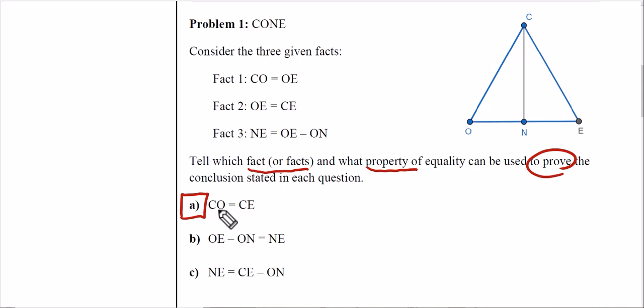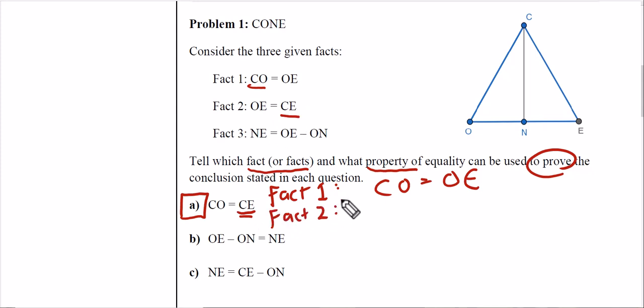Well, we're looking at CO, right? Fact 1 has CO. So if I use fact 1, which states that CO equals OE, but I also want CE, and that happens to be in fact 2. So I'm going to use fact 2, which says that OE is equal to CE.